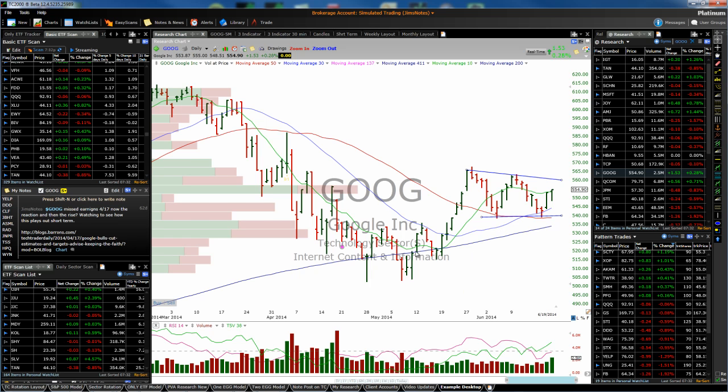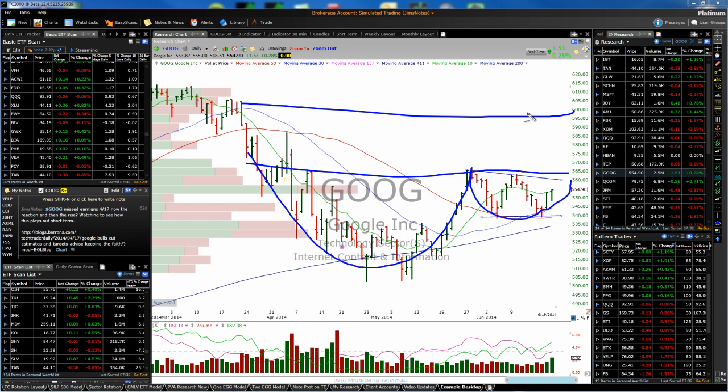You can see that this is also setting up from a longer-term perspective, which is one of the reasons I bought it, and not that pattern that you see right there. But you do have a cup and handle that if we can take out that 565 resistance can run to 605, and that's what I want the call contracts to do, is run to 605.